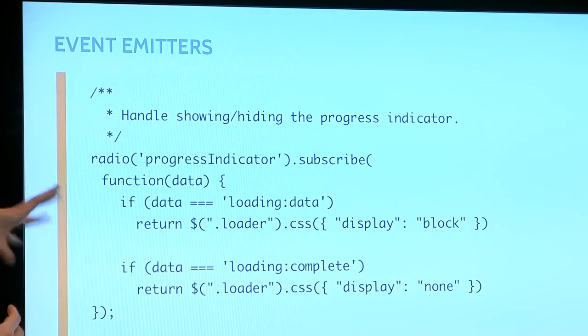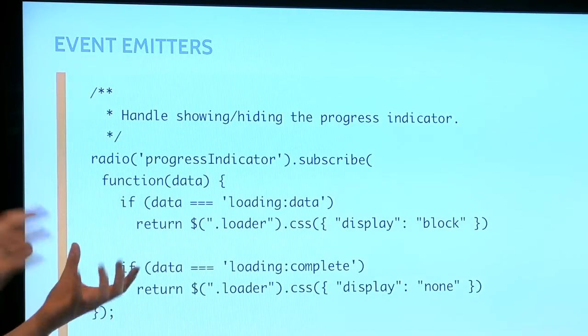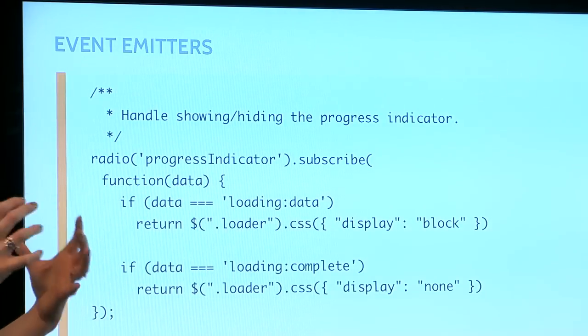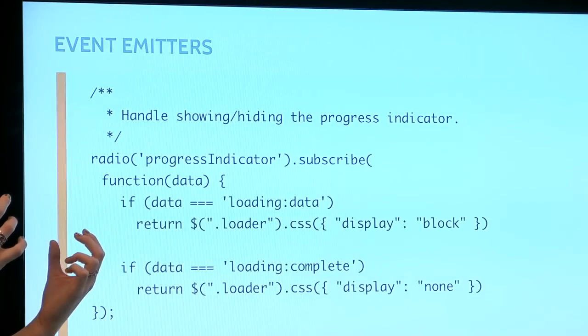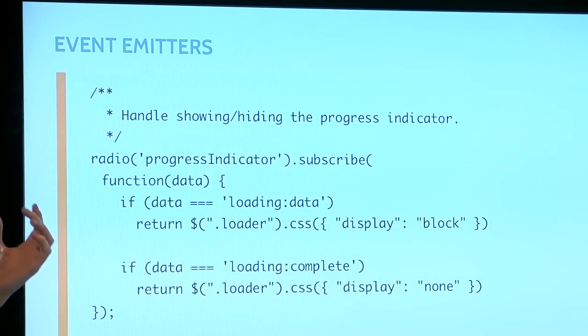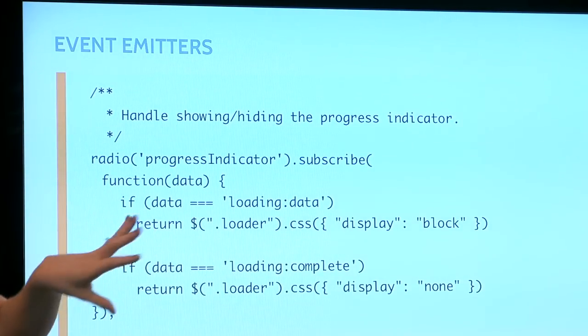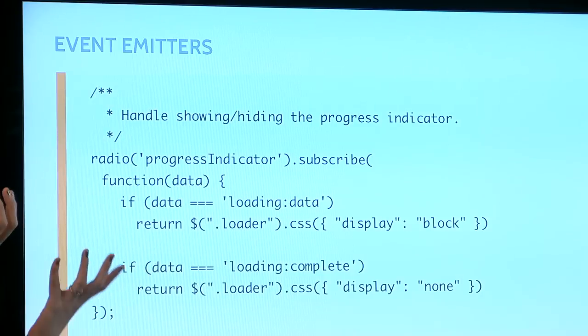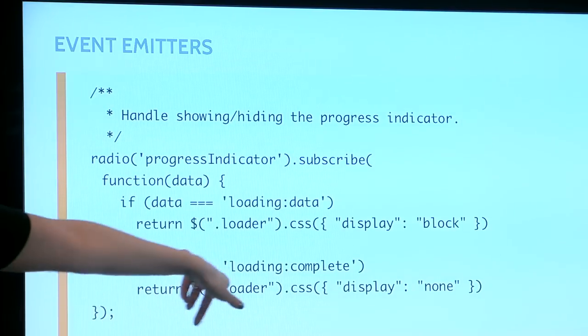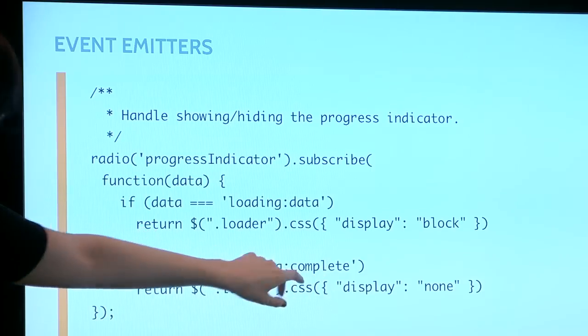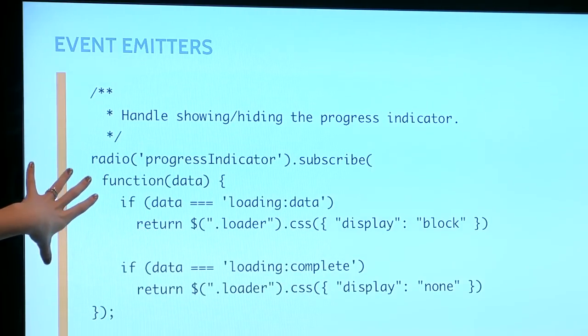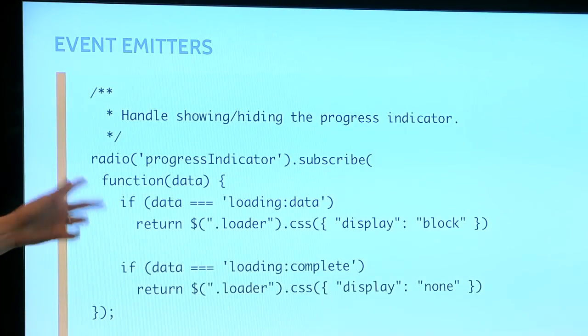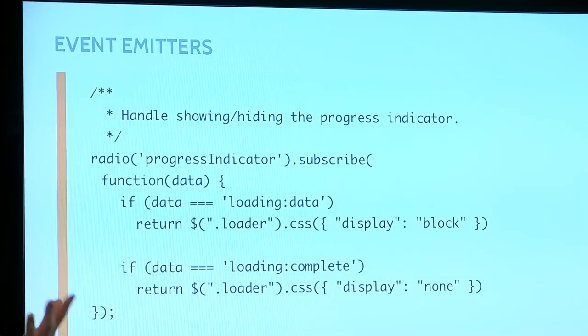Typically in my API call, when I make my AJAX request, I'll broadcast that the data is loading, and whenever the stuff comes back and I've done what I'm going to do with it, I'll broadcast that it's complete. So you can have that all with just one subscriber, and then just show or hide it conditionally. And that's how I did the little loading state that you can see in the demo app.